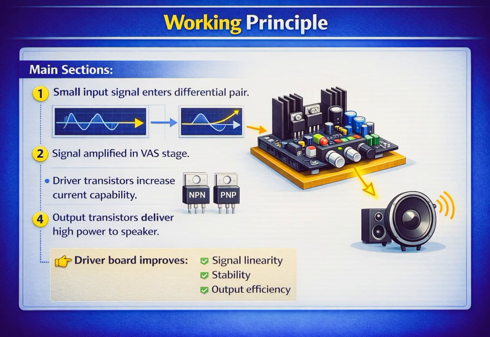Here, the driver transistors increase the current capability of the signal. Finally, the signal drives the power output transistors, which supply large current to the speaker. Because of this process, the driver board improves signal linearity, circuit stability, output efficiency.